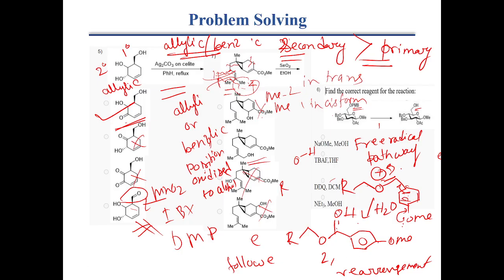So that's why paramethoxybenzyl is deprotected fast, due to the electron donating effect of the paramethoxy group, which stabilizes this oxonium carbocation. This goes to deprotection and the paramethoxybenzyl is converted to paramethoxybenzaldehyde. So the right answer will be DDQ. DDQ will deprotect paramethoxybenzyl to alcohol.